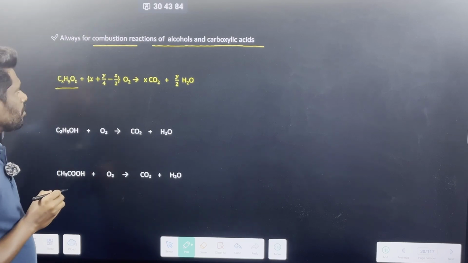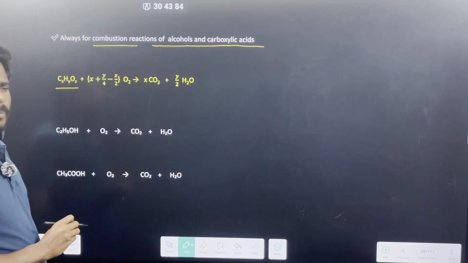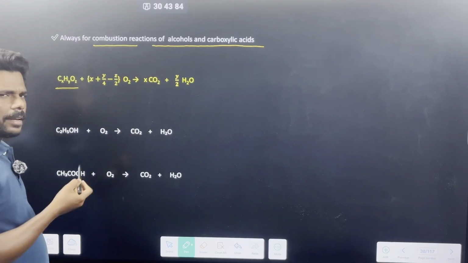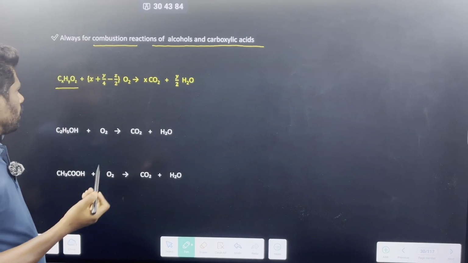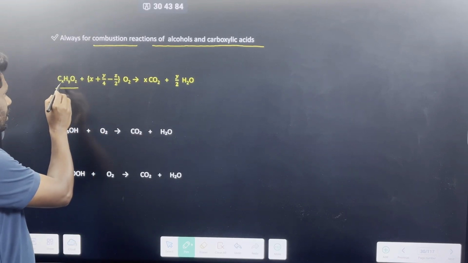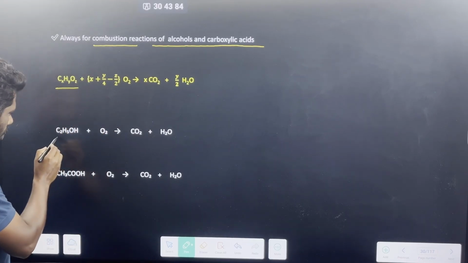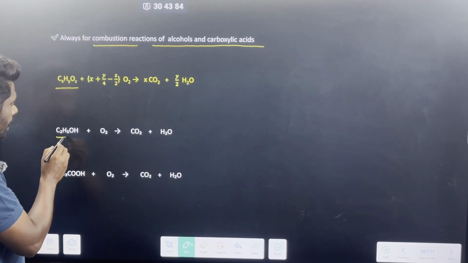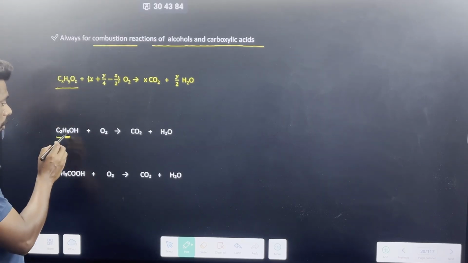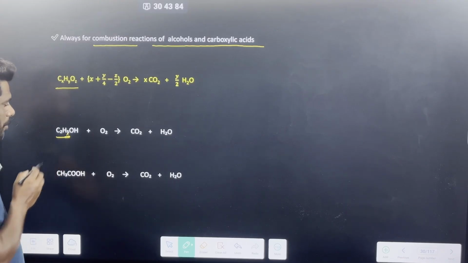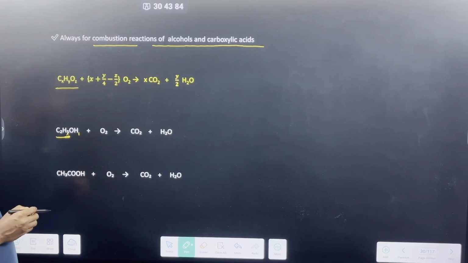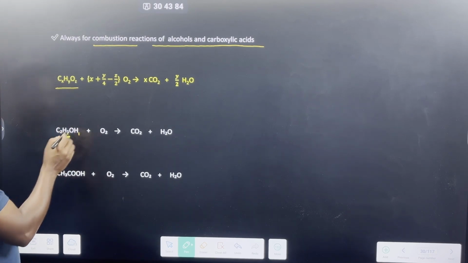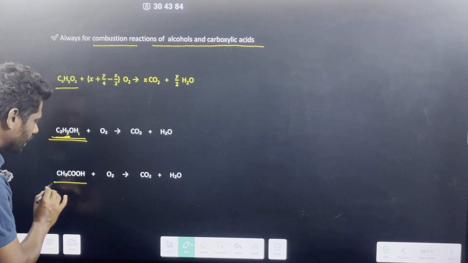An additional atom arrives here, that is oxygen, because alcohols and carboxylic acids contain additional oxygen in the compound. So assume X as the number of carbon atoms, Y as the number of hydrogen atoms. Don't just consider this subscript only, you have to add this one as well. And Z is the number of oxygen atoms in the alcohol or in the carboxylic acid.